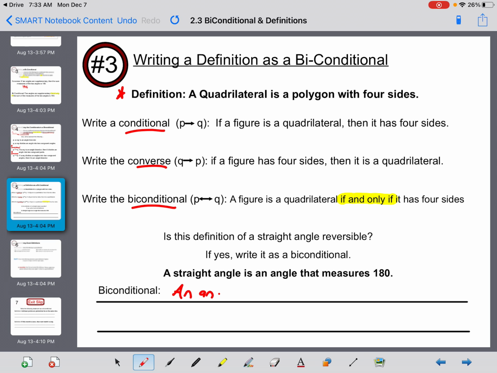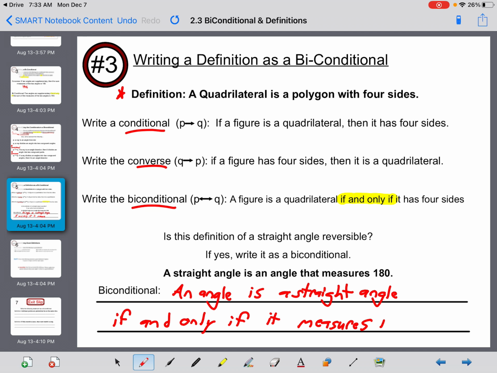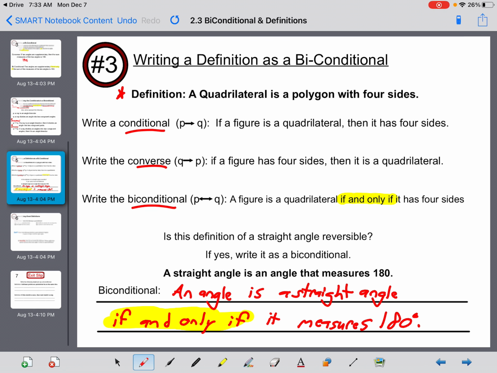An angle is a straight angle if and only if it measures 180 degrees. Okay, so we use our biconditional phrasing, if and only if. So an angle is a straight angle if and only if it measures 180 degrees.